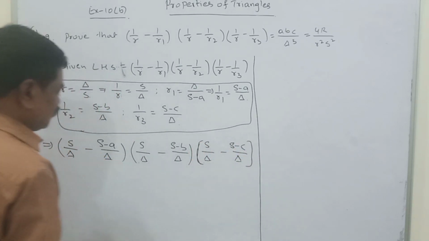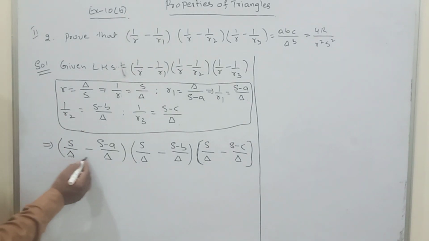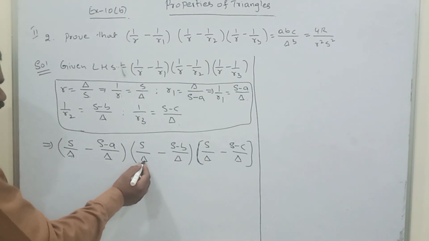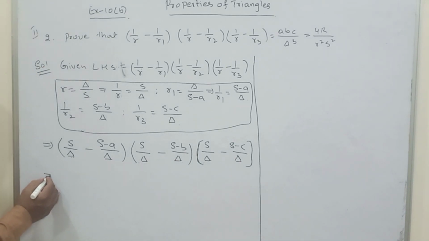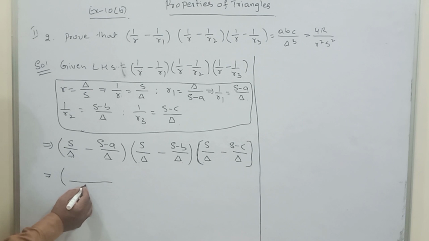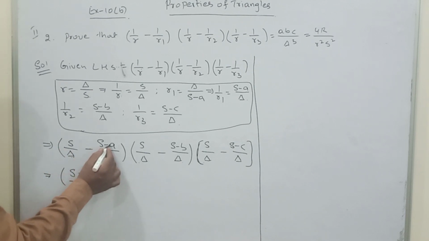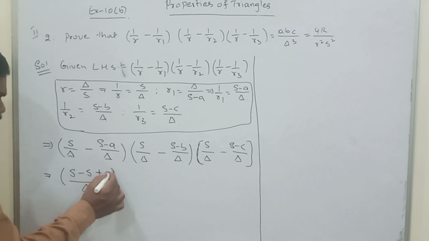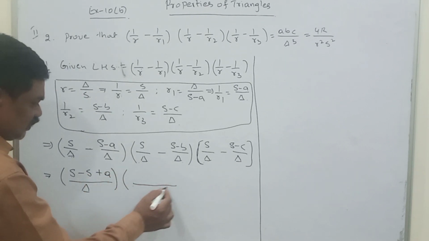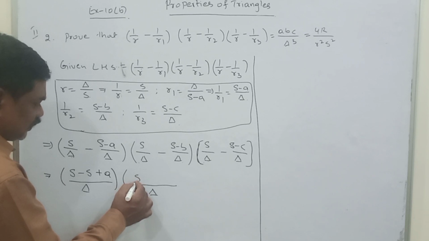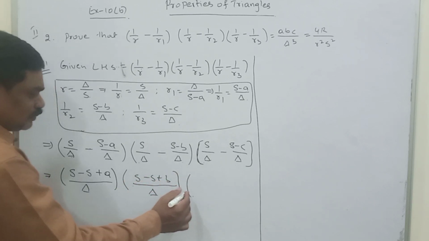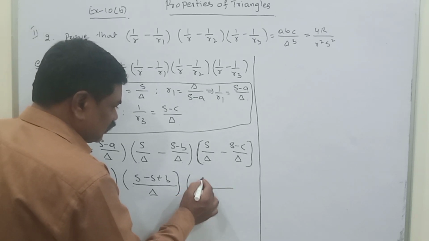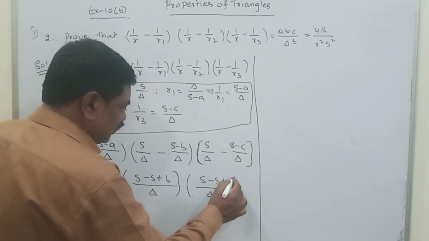Then what we will have? Here you observe delta is the LCM here, here also, and here also. Then delta is the denominator, and the numerator is (s − s + a) into (s − s + b) into (s − s + c).